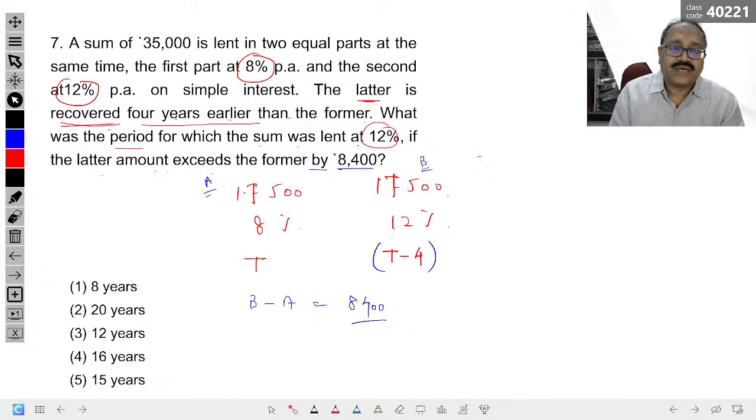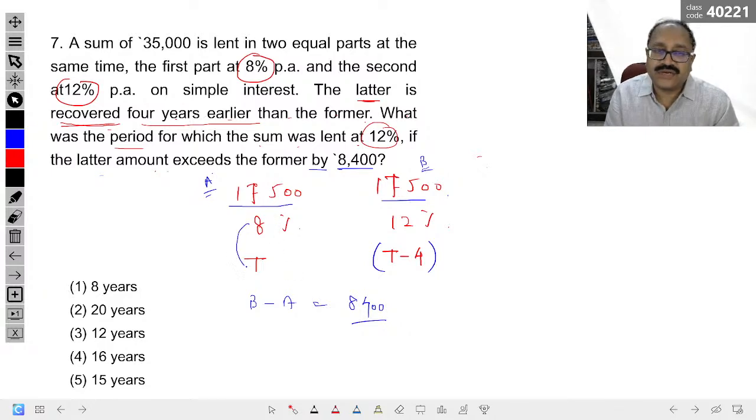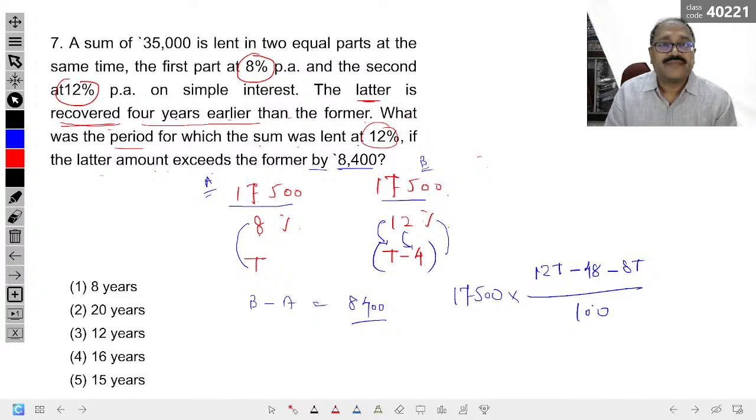What we know here is the principal is the same, 17,500. Taking time and rate of interest, here it is 12t minus 48, and 8t. So 17,500 into 12t minus 12 into 4, that is 48, minus 8t, divided by 100, is equal to 8,400.